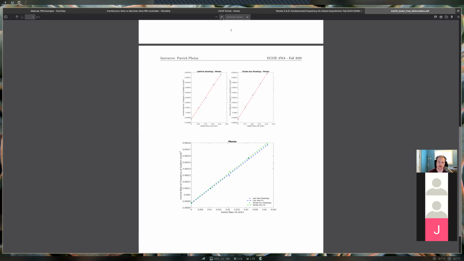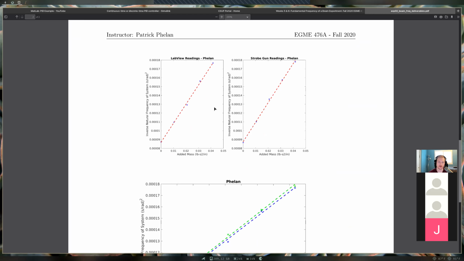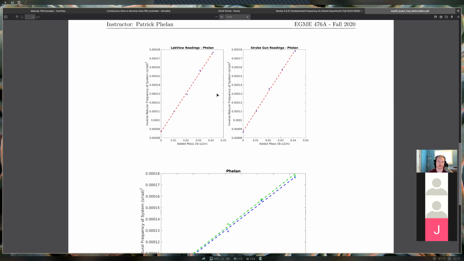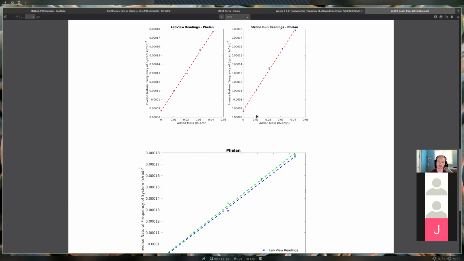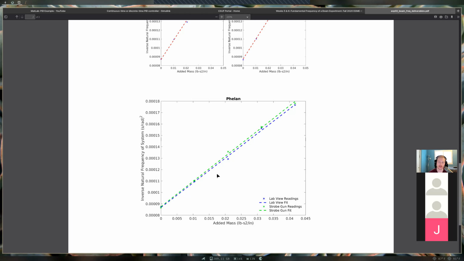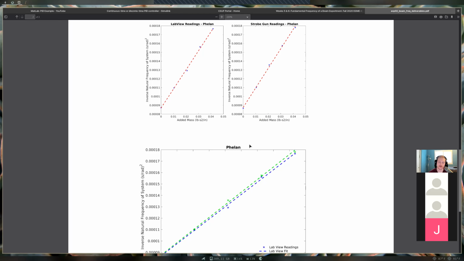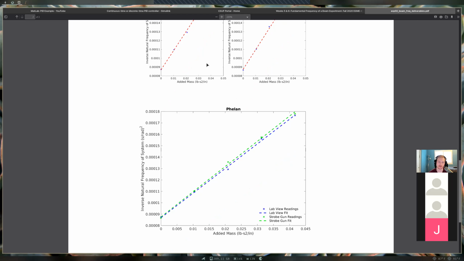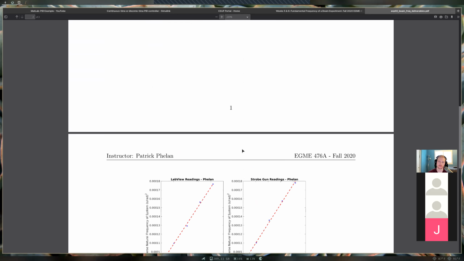I'm going to make this a little bigger. On the left here, we have the LabVIEW readings that we had, and on the right, we have the strobe gun readings, and we did a least squares fit to it. And then down here, those are basically the same plots, but now they're overlaid. So I want to see both of these figures.